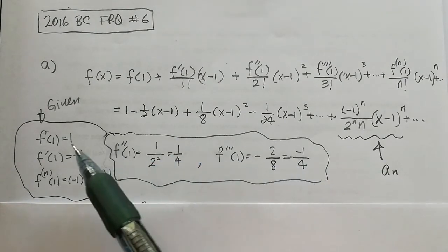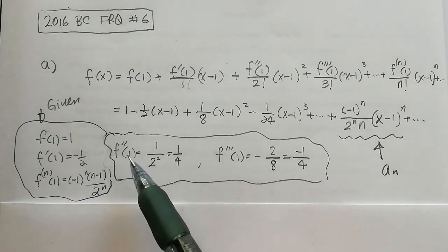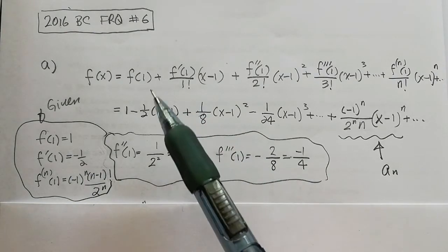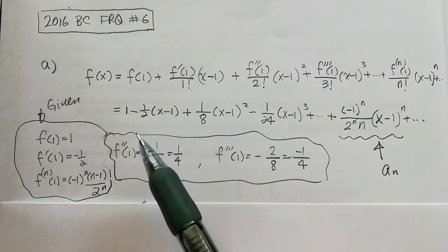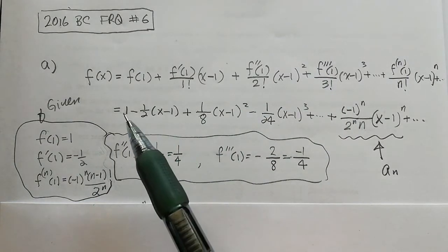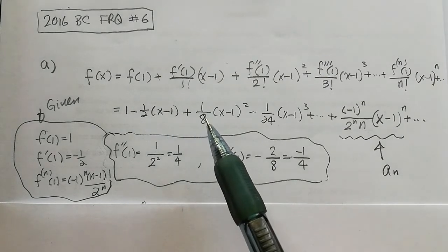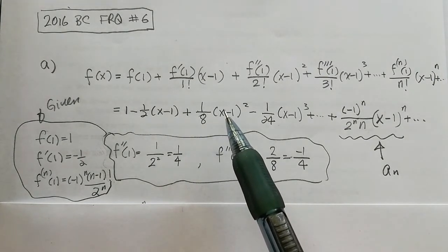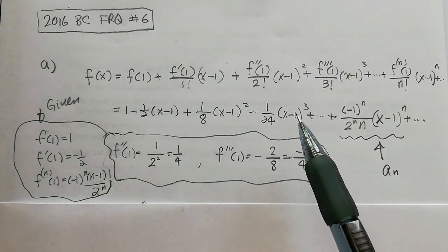Since we know f of 1 and f prime of 1, I can substitute those derivatives with the numbers I just got. So I have 1 minus 1/2 times (x minus 1) plus 1/8 times (x minus 1) squared, and so on. So this is the fourth term.